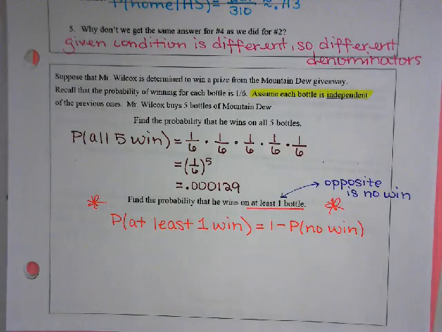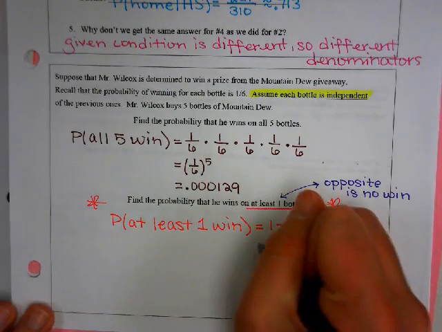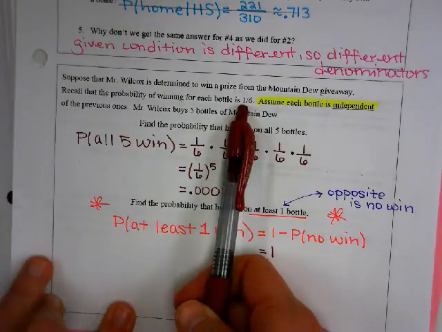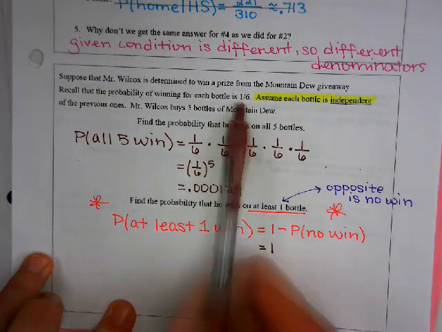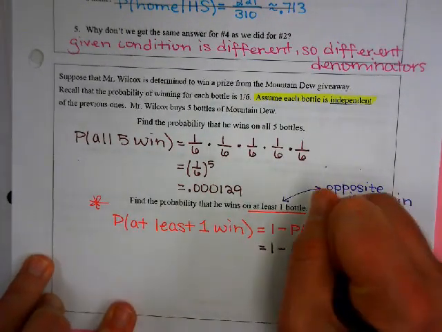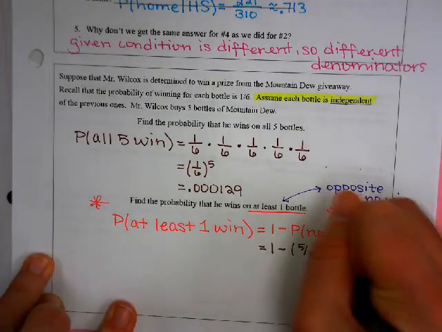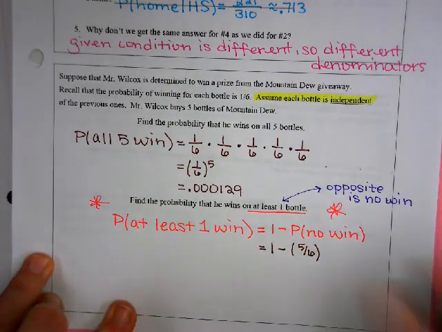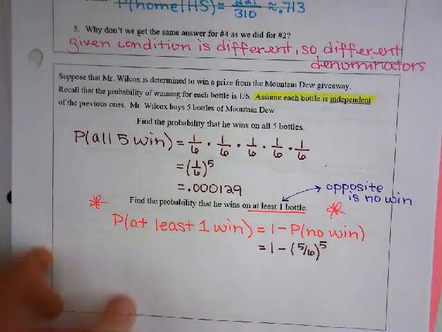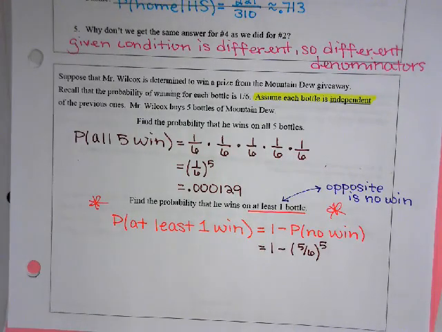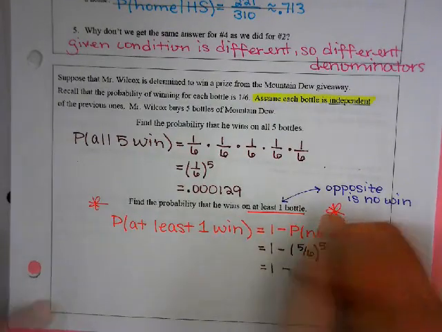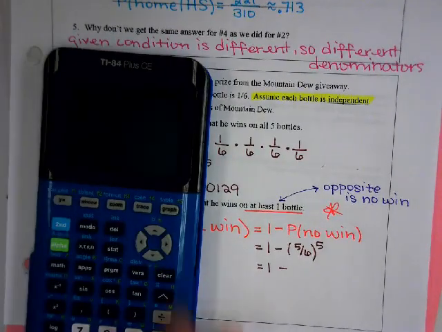We know the probability that we win. So what's the probability we don't win? 5 out of 6. And we want to not win on all 5 bottles. So we're going to raise 5/6 to the 5th. 5/6 to the 5th is about 0.402.